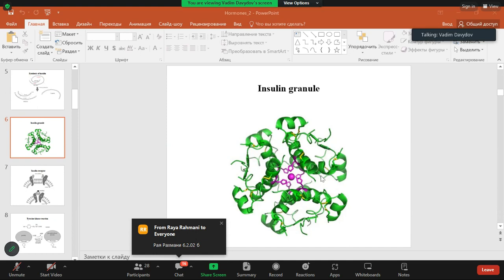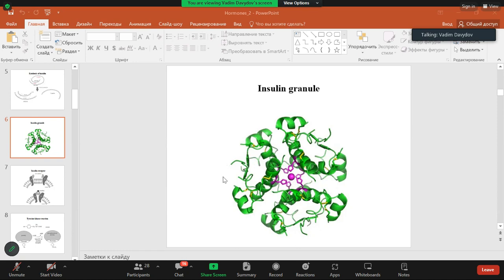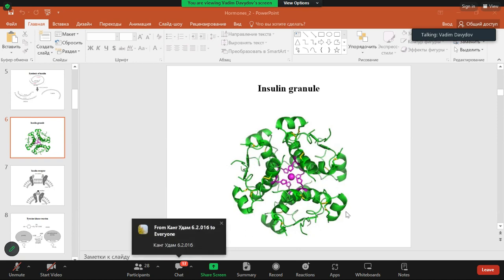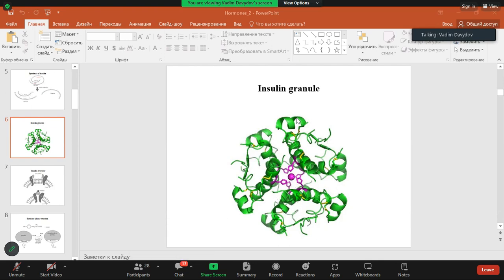And my dear colleagues, please note, the secretory granule components are stabilized in the granule as a specific crystal with zinc cations. So in other words, the secretory granule consists of insulin, an equimolar amount of C-peptide, and zinc. It's the storage form of insulin.